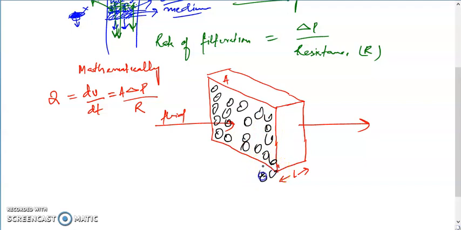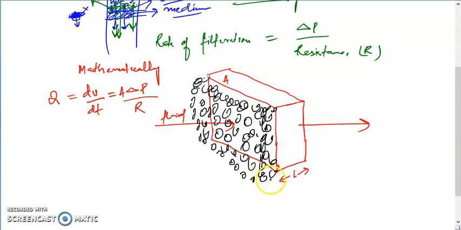So let's see, the solids will get piled up here, and let the thickness of the solid accumulation be LC.